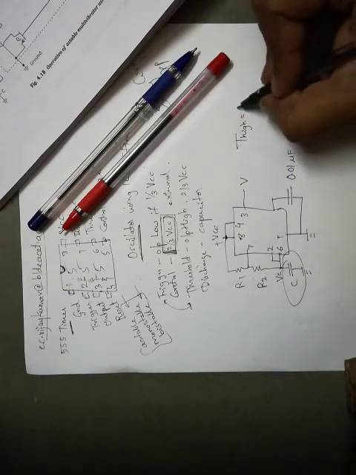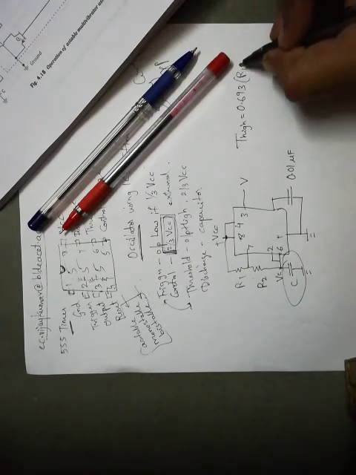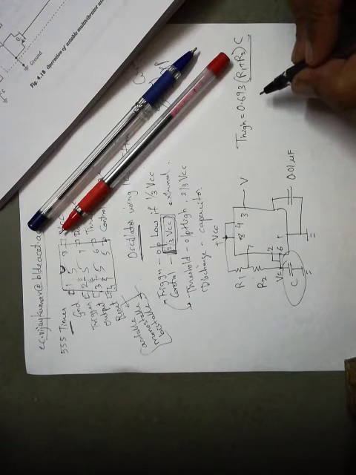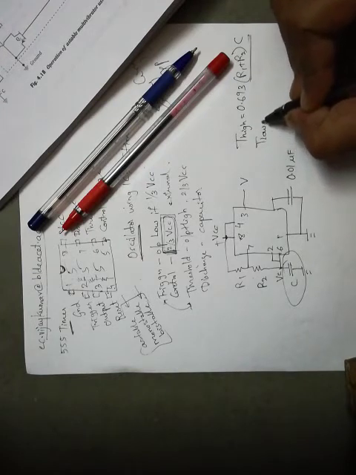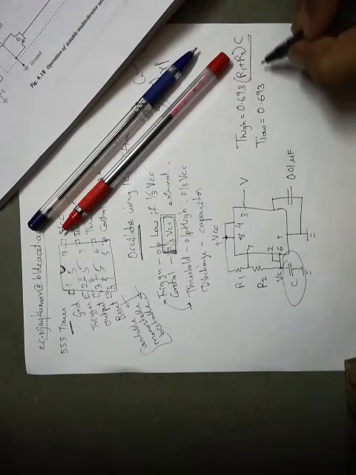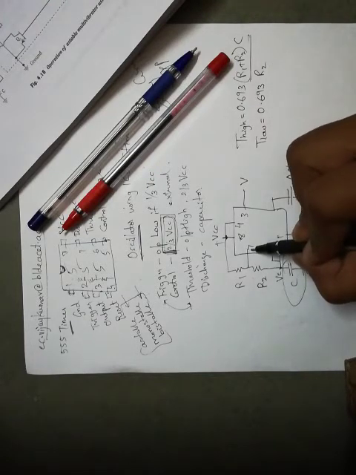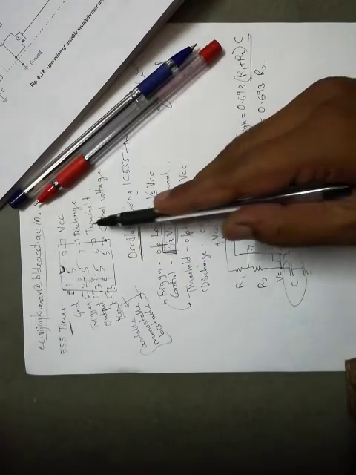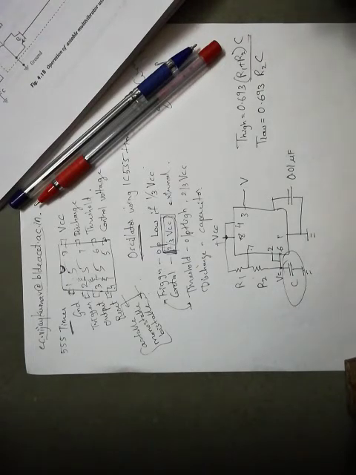So we'll have a pulse T high as 0.693 times R1 plus R2 into C. T low is the discharging part of the capacitor, which happens through only R2. Means 7th pin declares when the capacitor should discharge. Observe carefully. So T low is 0.693 times R2 C.